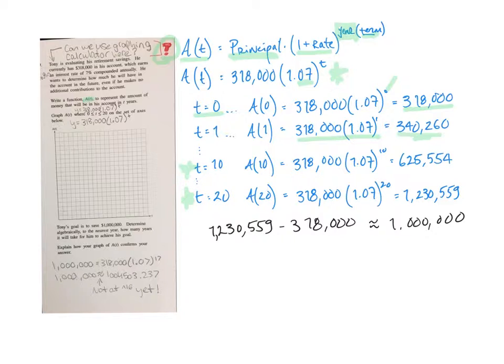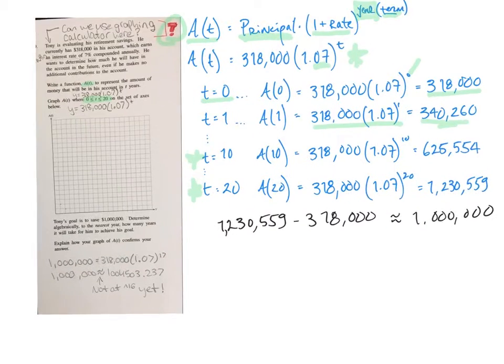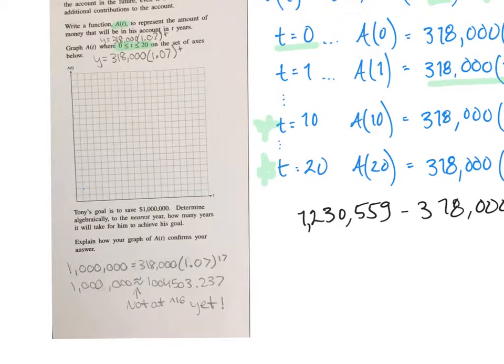Ultimately, because you're asked to look at the timeline 0 to 20, it's convenient that the number of ticks you're given here is 20. It's a 20 by 20 grid. So this is year 0, year 1, 2, 3, 4, 5, 6, 7, 8, 9, so year 10, and then all the way to year 20.